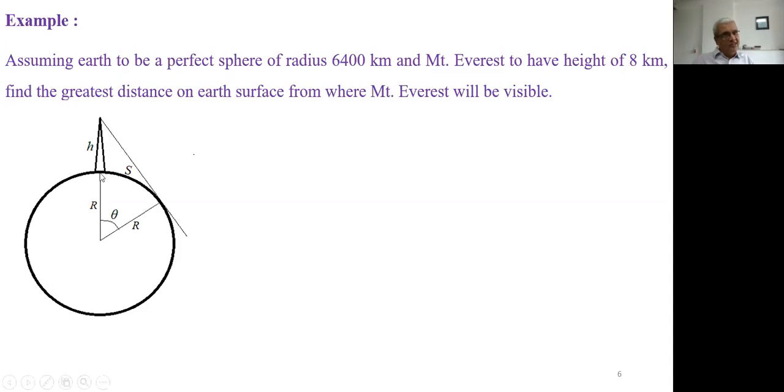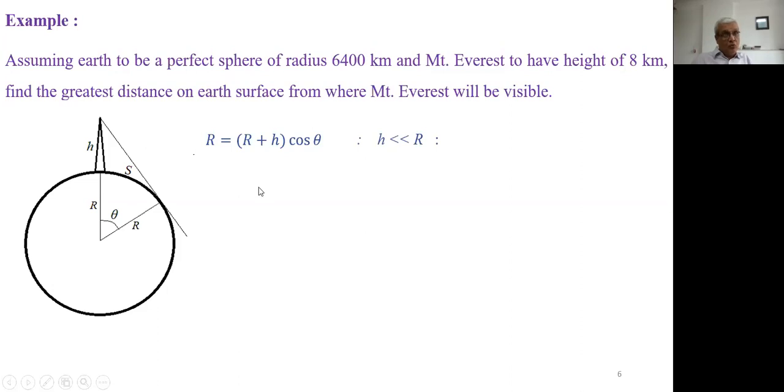And then on the surface of Earth, this distance s will be, of course, as you know from simple geometry, r theta. And if you understand that this line which touches Earth's surface, starting from the tip of the mountain, is a tangent, then it's perpendicular to the radius. Therefore, r plus h becomes the hypotenuse, and r plus h times cos theta is nothing but your radius.